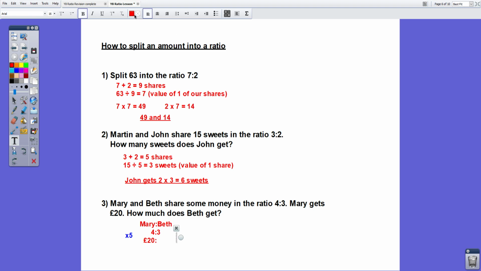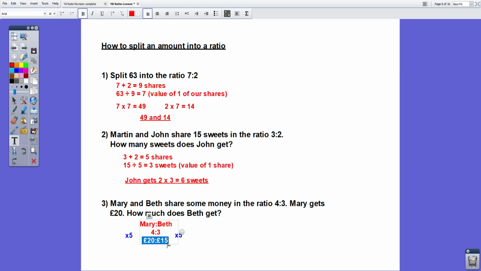Change it to blue. And what is 3 times 5? £15. Okay, in order to keep the ratio of Mary and Beth's amounts in the ratio 4:3, if Mary is getting £20, Beth has to get £15.